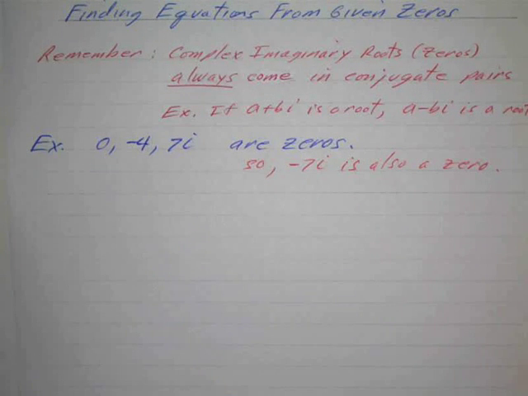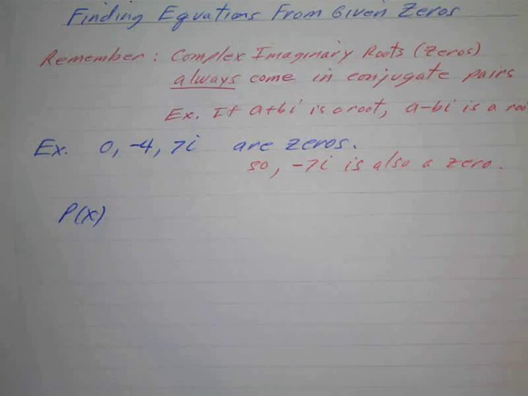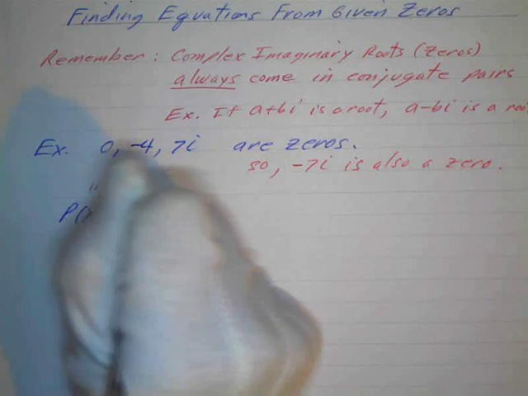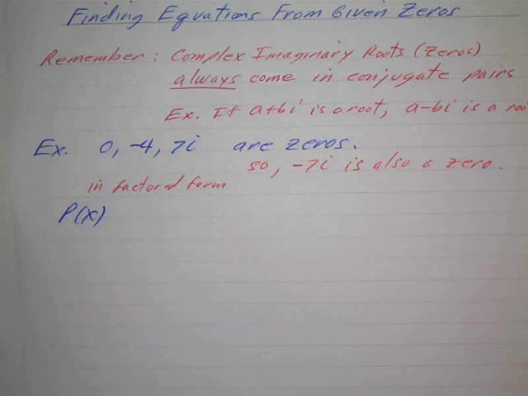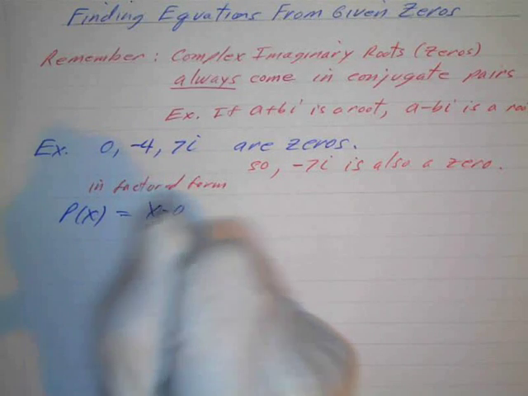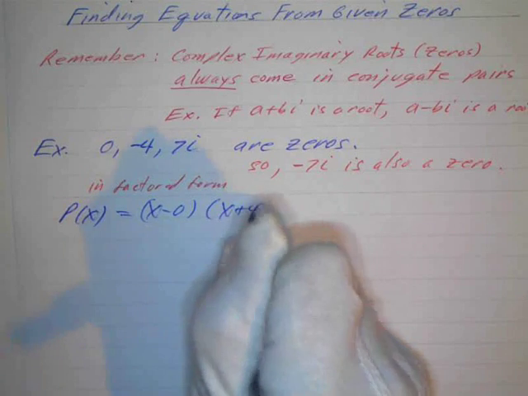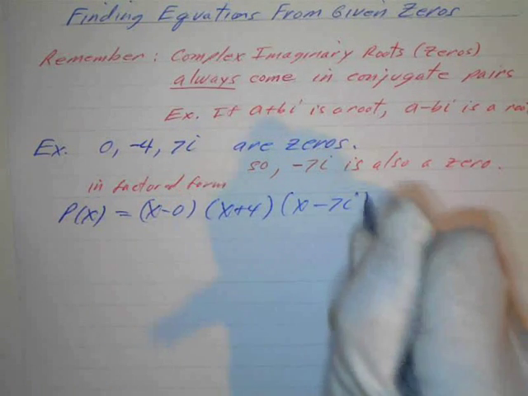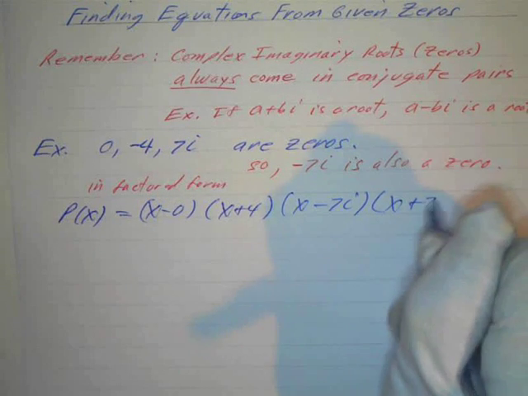So when we write our p of x in factored form, what we have is p of x equals x minus 0, times x minus -4, which would be x plus 4, and then times x minus 7i, and then x minus -7i would be x plus 7i.